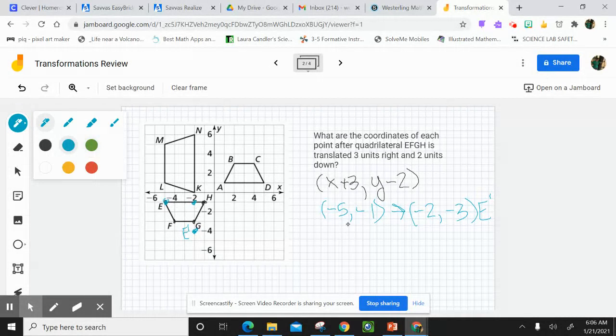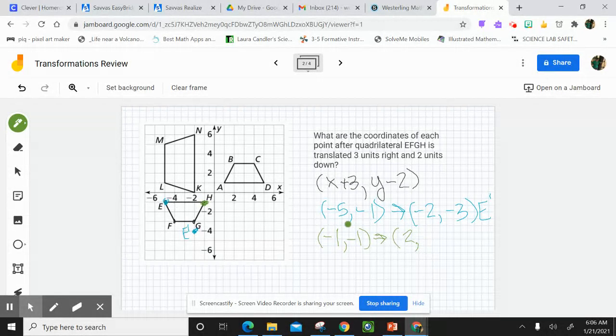All right. Let's go ahead and look at H. My original coordinate for H is (-1, -1). And if I do x plus 3, -1 plus 3, 1, 2, 3 takes me to 2.